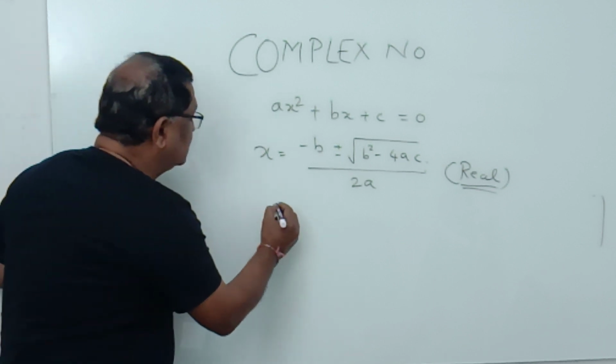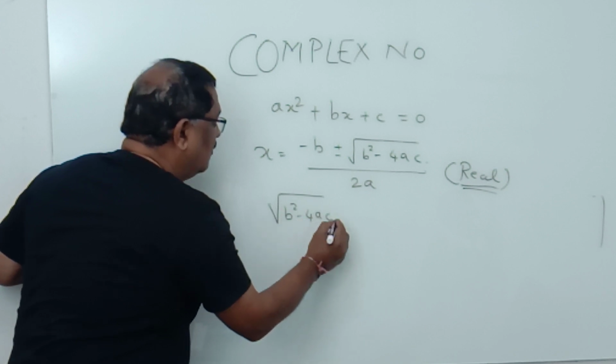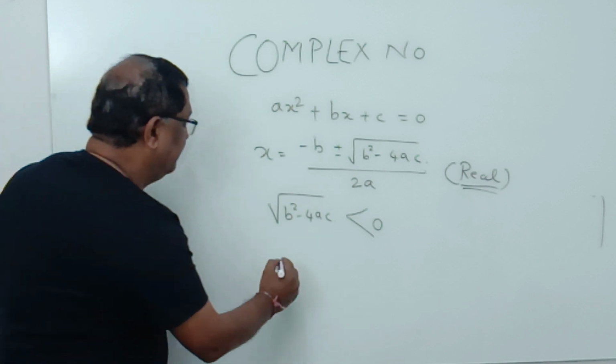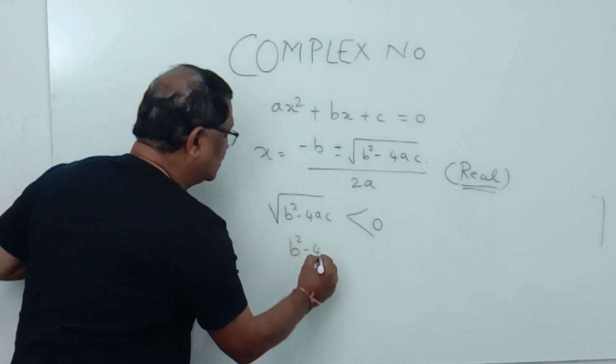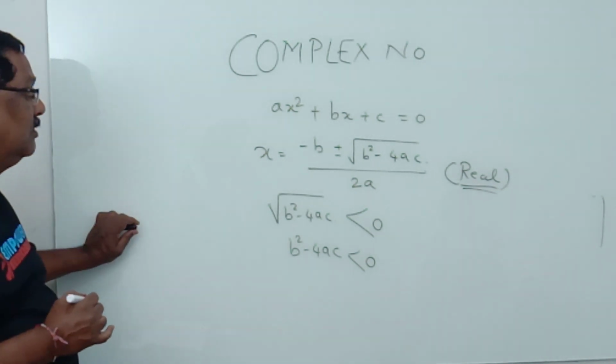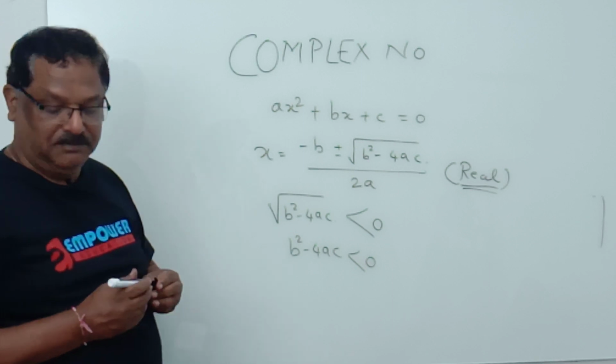So if you take the root of b square minus 4ac, which is less than 0, it means b square minus 4ac by squaring is still less than 0, which is negative. And the square root of a negative number gives the idea of a complex number.